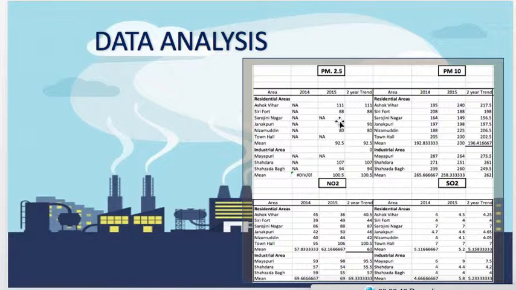So in the data.gov.in website, the data of 2014 and 2015 is given, from which we are identifying the residential areas and how much we had actually checked. I mean, how much is the mean value of each of this particulate matter: particulate matter 2.5 micron, 10 micron, or even nitrogen oxide, or even sulfur dioxide.